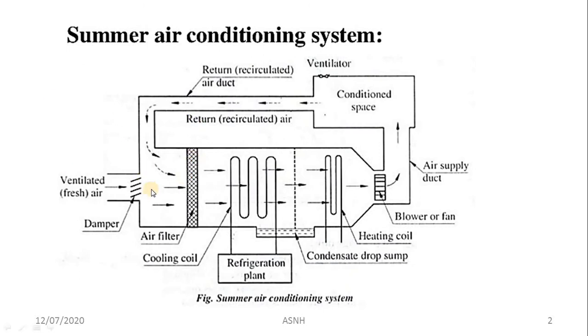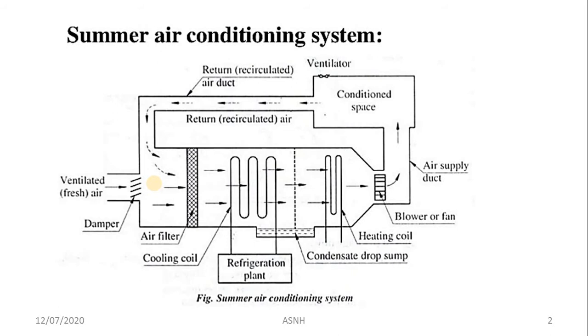The main function of the damper is to allow the required amount of air from the atmosphere, and the air coming through the return duct from the conditioned space gets mixed with it, forming a mixture of air. The mixed air passes through a filter to remove dirt, dust and other impurities.